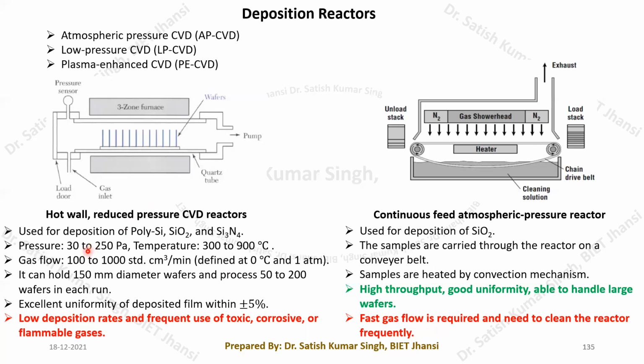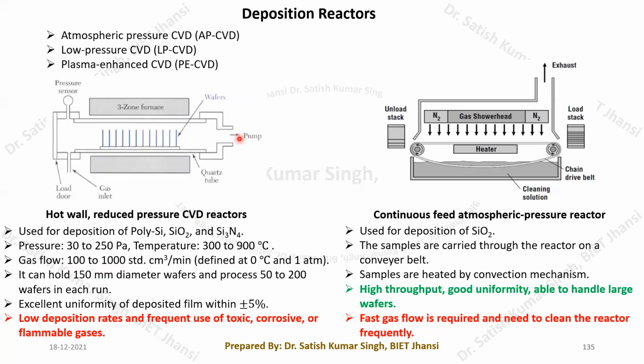The pressure varies from 32 to 50 pascals. Similarly, the typical gas flow that we have to maintain is around 100 to 1000 standard cubic centimeter per minute, defined at 0 degree centigrade and 1 atmospheric pressure. So these are the typical things that this low pressure CVD system has.